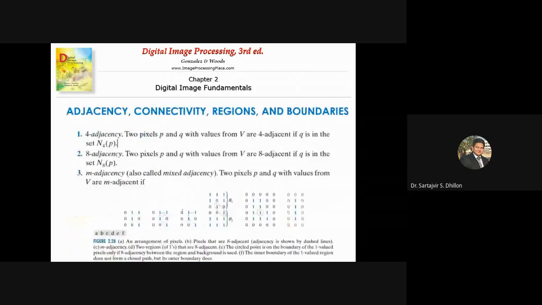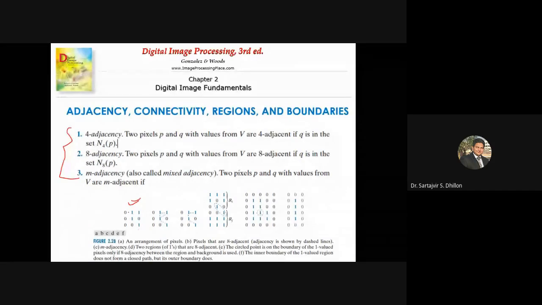And there are some other terms which are related to the digital image: adjacency, connectivity, regions, and boundaries. And in the first case, there is four adjacent, and let us do it with the help of an example. In the first case, there is a three by three pixel image, and one is representing the white pixels, and black is represented by the zero.